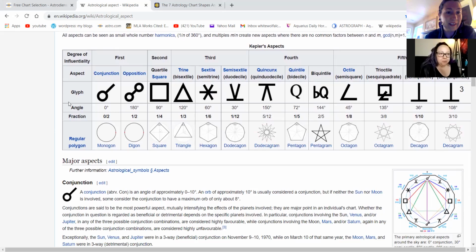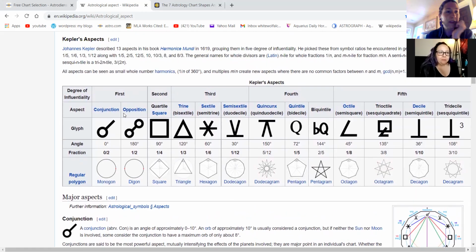All right, so we started with a conjunction. When you are explaining this aspect to someone, it's literally a 0-degree angle. So there's something called an orb. An orb is 0 to 6 degrees. When you're looking at someone's chart and deciphering whether or not they have certain aspects, they're allowed up to 6 degrees orb. And it's in that beginning cosmic science book. It explains that.